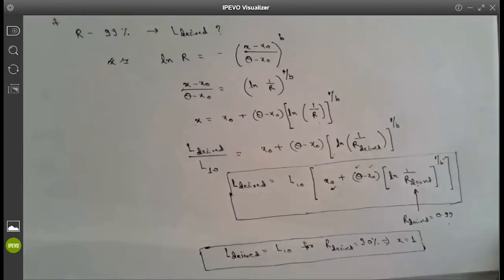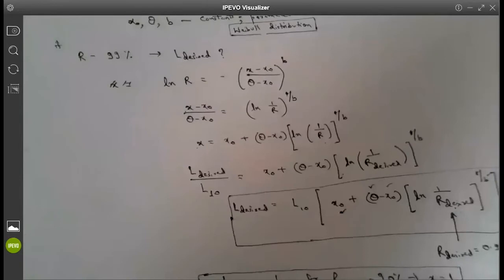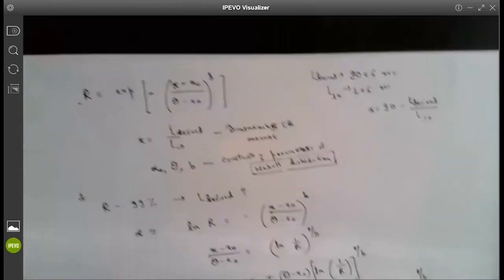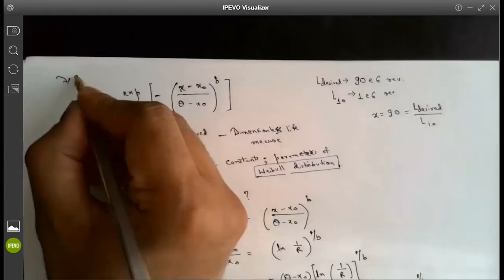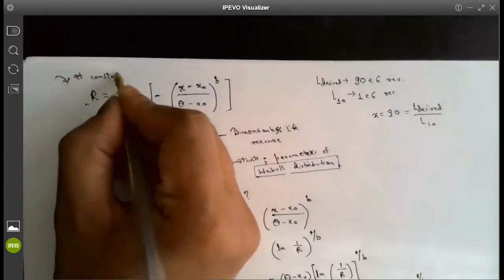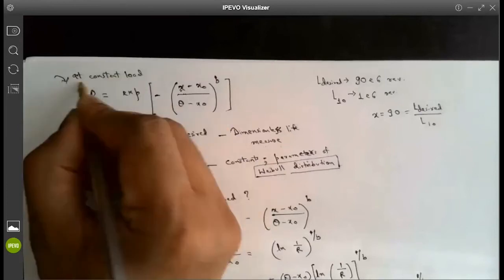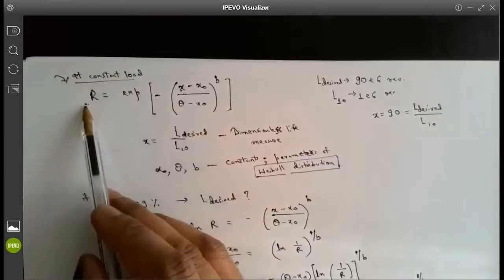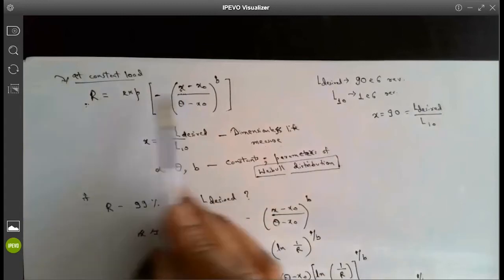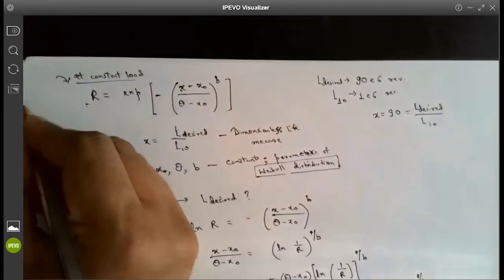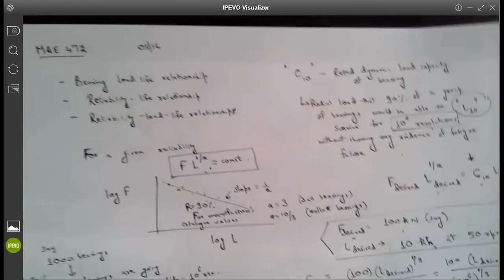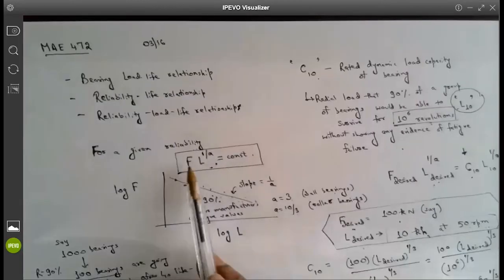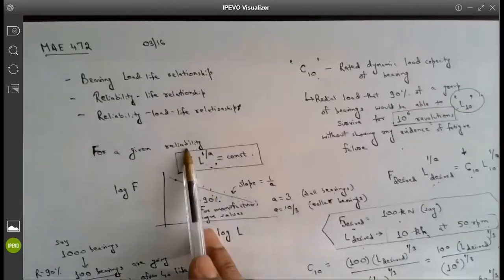So this expression holds for constant radial load. At constant load, the reliability of a bearing is related to the life. This is known as the reliability-life relationship. Remember, we were talking about some relationships about load and life. The previous sheet of paper that we were working on is the load-life relationship at a given reliability.